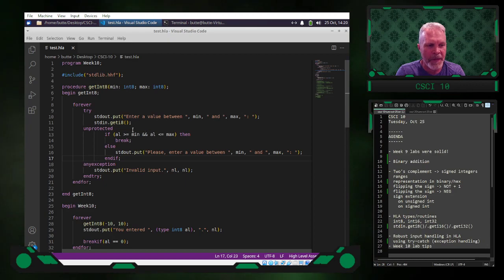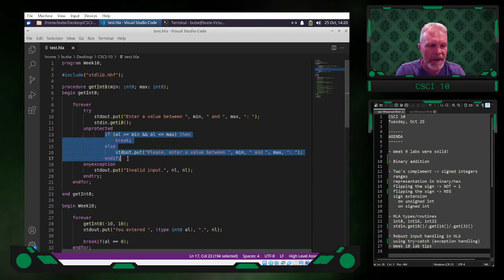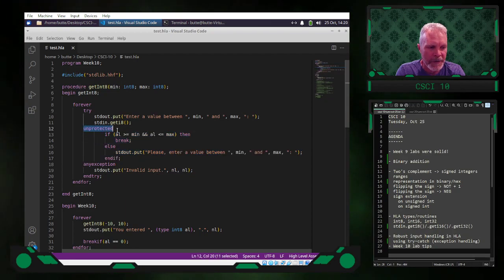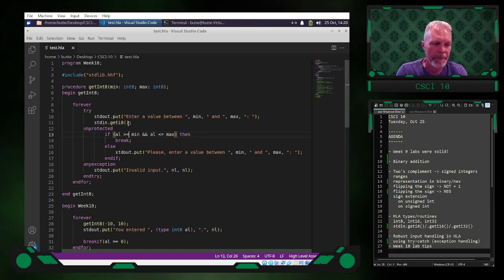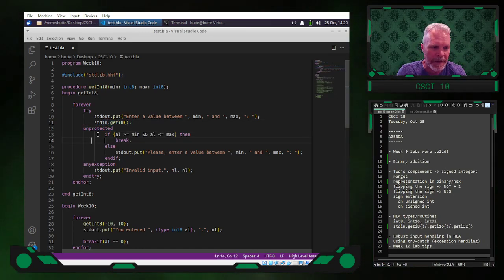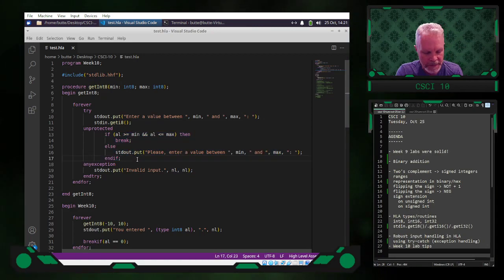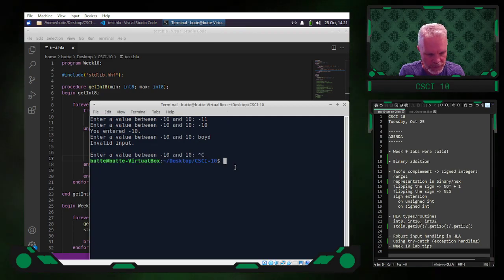So notice again, though, that this is just the standard range checking logic I do after I do this call that HLA requires me to make that says that I got a valid intake, but I don't know if it's in the range that I wanted. So we'll just try that one more time to make sure that it is functional.